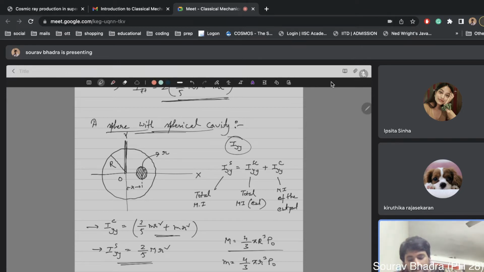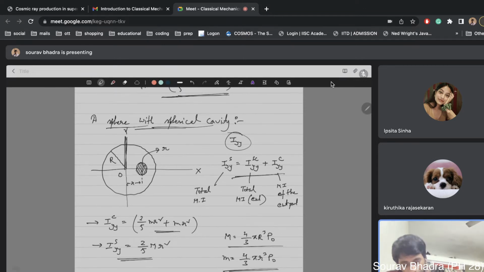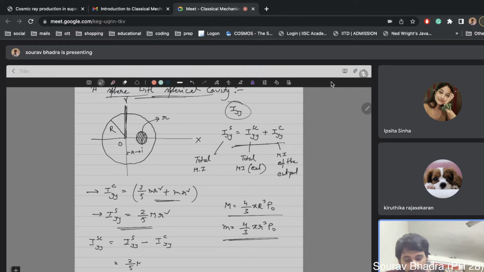Now if you substitute your ISYY and ICYY in this particular equation, you can find your ISCYY, which is actually the moment of inertia of the body with the hollow cut. That is ISYY minus ICYY. So this will be 2/5 M R square minus 2/5 small m r square plus m x square. This is the moment of inertia of the full body when there was no cut.